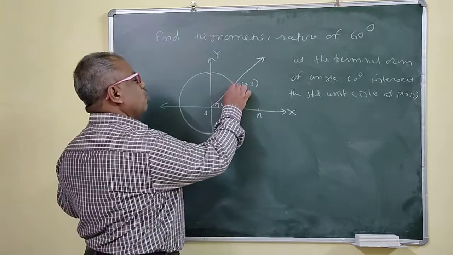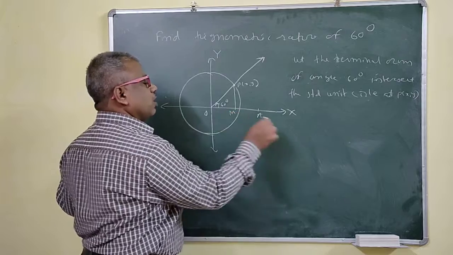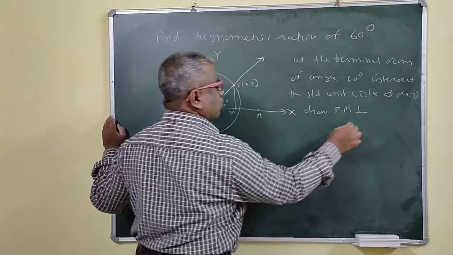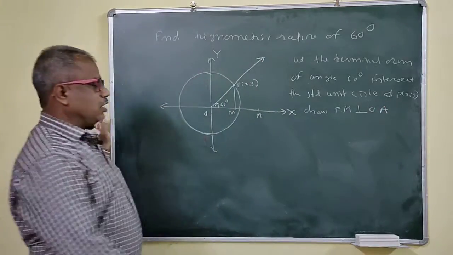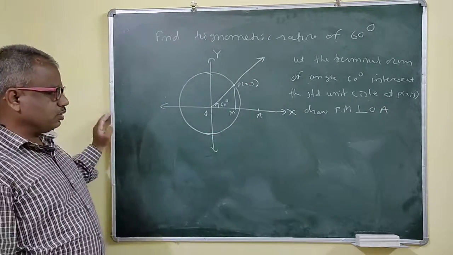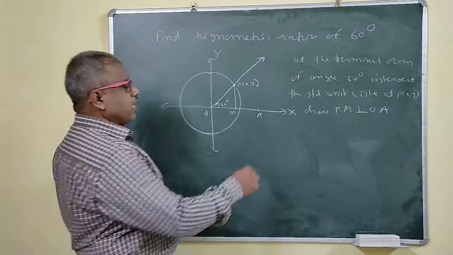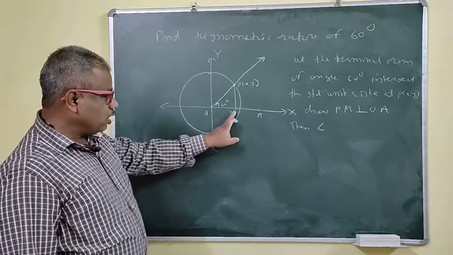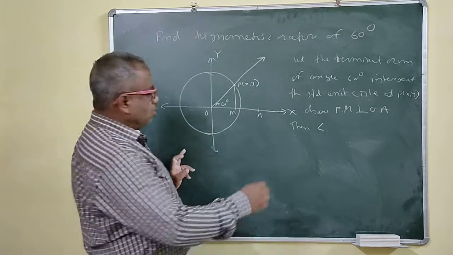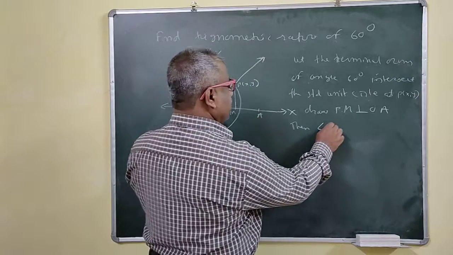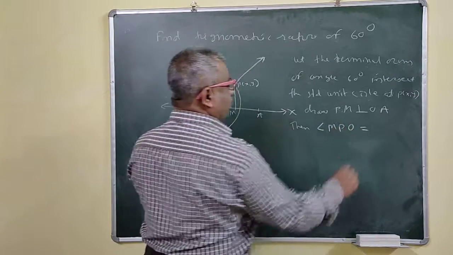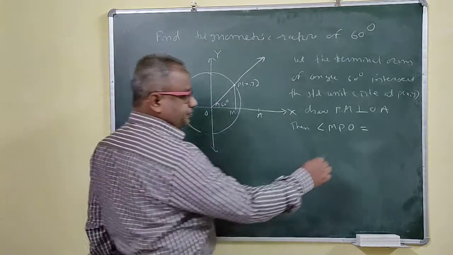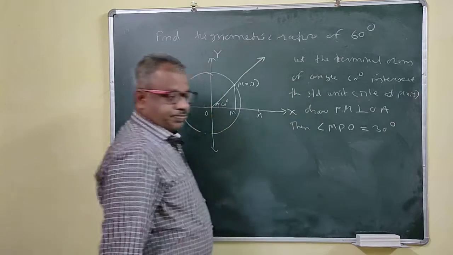So for that, what we'll draw? We'll draw PM perpendicular to OA, where OA is your initial arm, or you may write OX, it doesn't matter. So then angle MOP is 60 degree, but angle MPO is 30 degree, right?